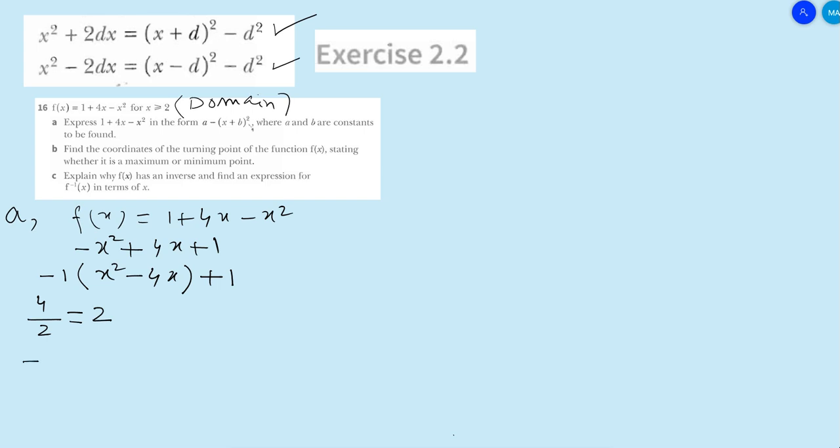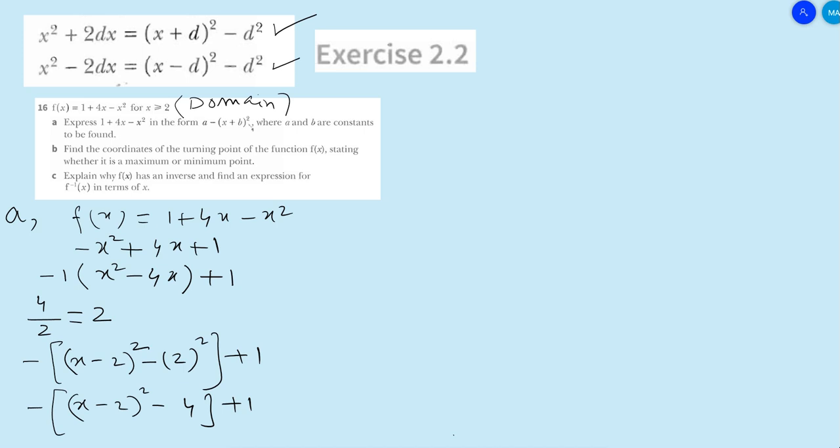Therefore −(x − 2)² − 2² + 1. I applied the second result, which you can see on the top of the screen: x² − 2dx = (x − d)² − d². Okay, so −(x − 2)² − 2², 2 squared is 4, plus 1.